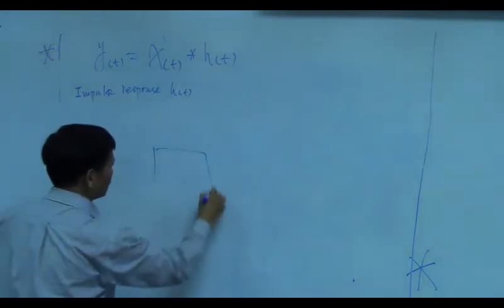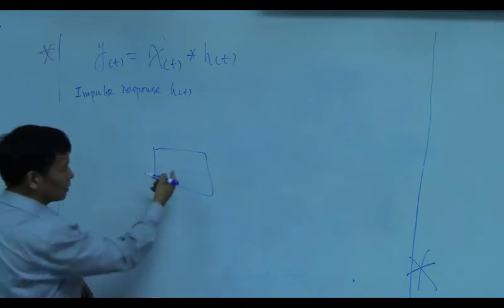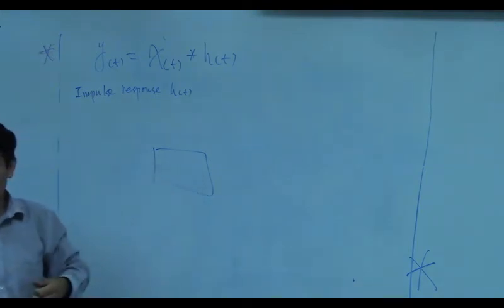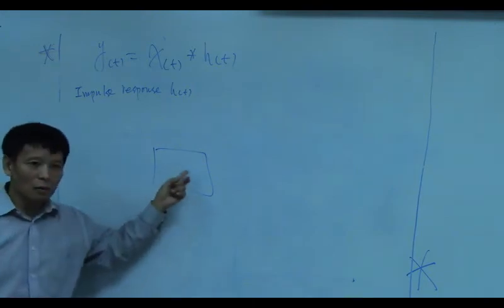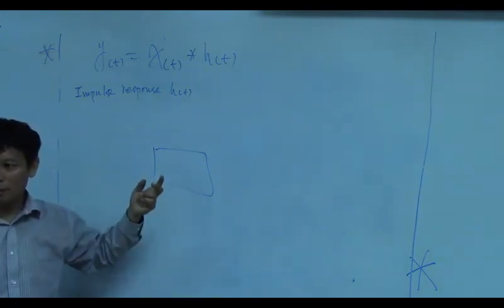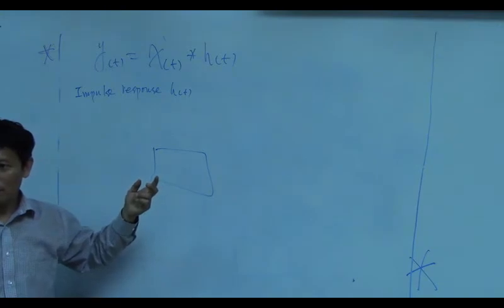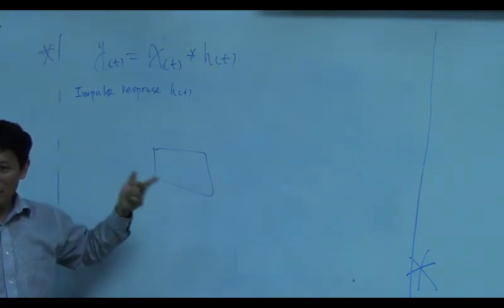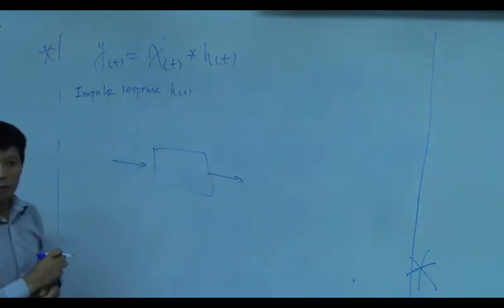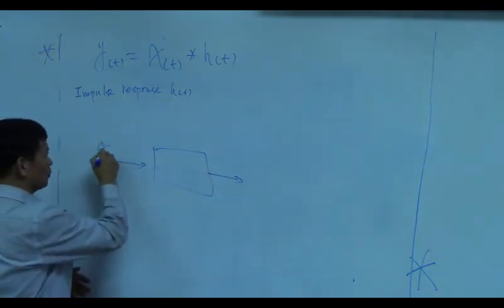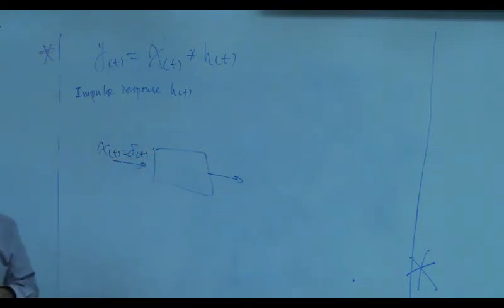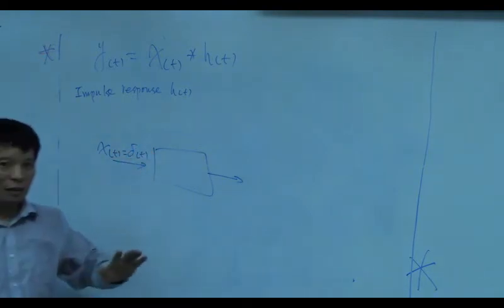Suppose I have a system here. That is an LTI system. We only discussed this simple linear time-invariant system. How do you find the impulse response of this system? For this system, you have an input, you have an output, right? What you do is you take the impulse as the input. You don't consider any other input.